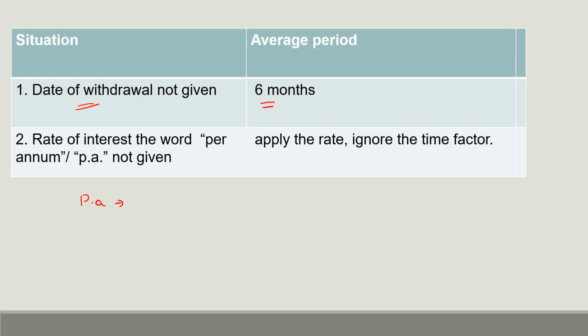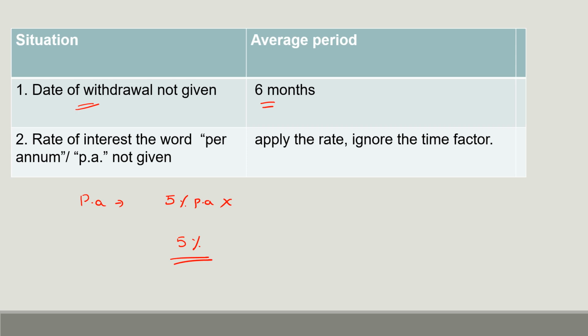But where the rate of interest is given as 5%, and the word per annum is not given, what will you do? It is very simple. You just ignore the time factor. You just take the amount of drawing and multiply it by 5 by 100, and you will get the interest on drawings. You ignore the period factor, time factor, completely.